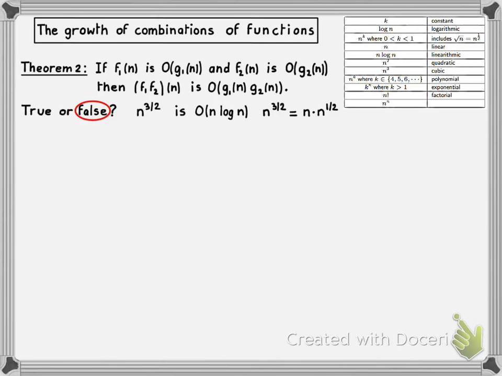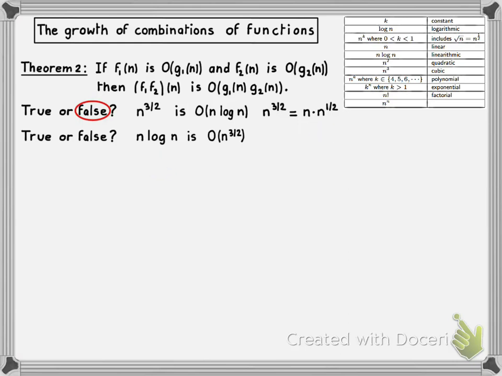Now our second true-false question is the following. Is the function n log n big O of n to the power 3/2? Notice in this case the role of the function and of the upper bound is reversed compared to the previous problem. So therefore we can use the same reasoning and decompose the upper bound as the product of n times square root of n.